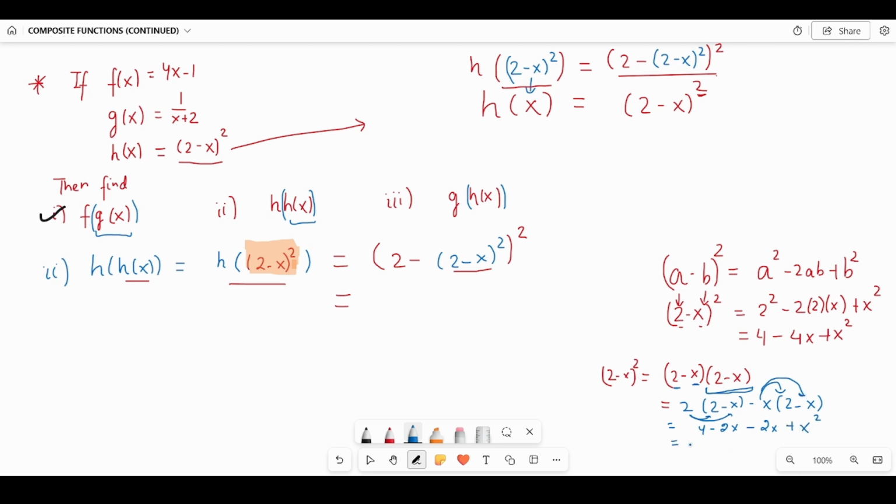So then you will be getting 4, and then negative 2x minus 2x is minus 4x, and then plus x squared. So you can see here with both the methods you are getting the same answer. So that means 2 minus x whole squared will be equal to 4 minus 4x plus x squared.